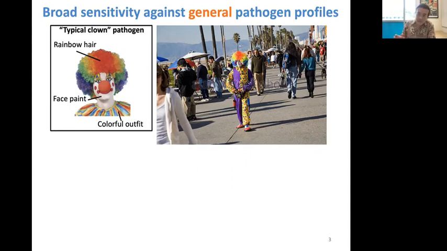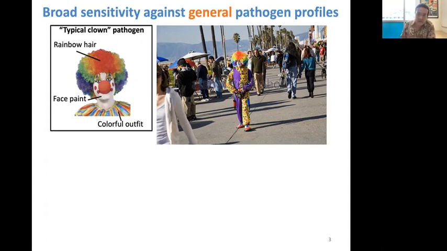And therefore, if through the course of evolution, bacteria and viruses present these same types of generic features, then it makes sense that our immune systems are equipped to look for these types of things as an indication that there is a pathogen present.